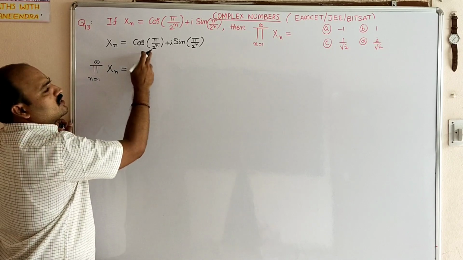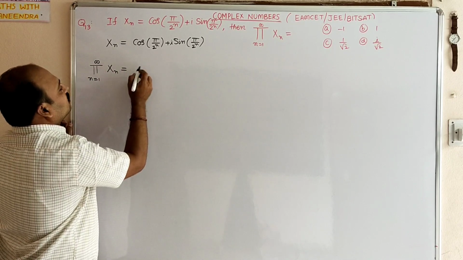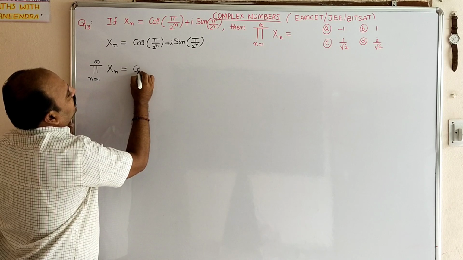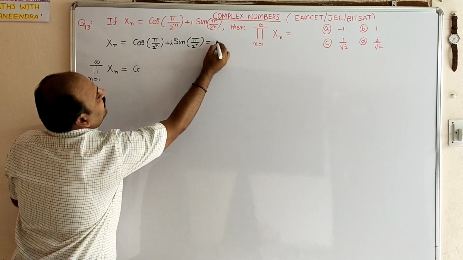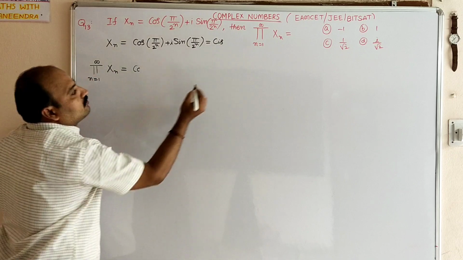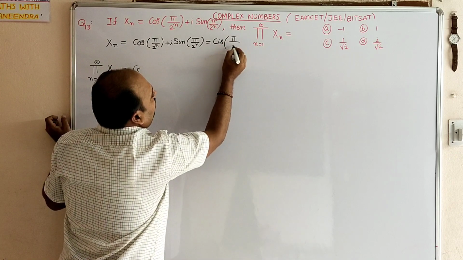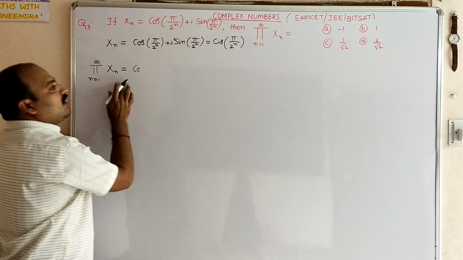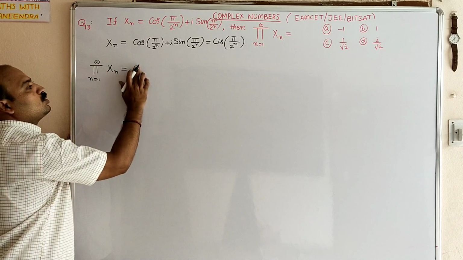This can be written in the simplest way as cis of (pi by 2)^n. Here n is equal to 1, n is equal to 2, substitute.